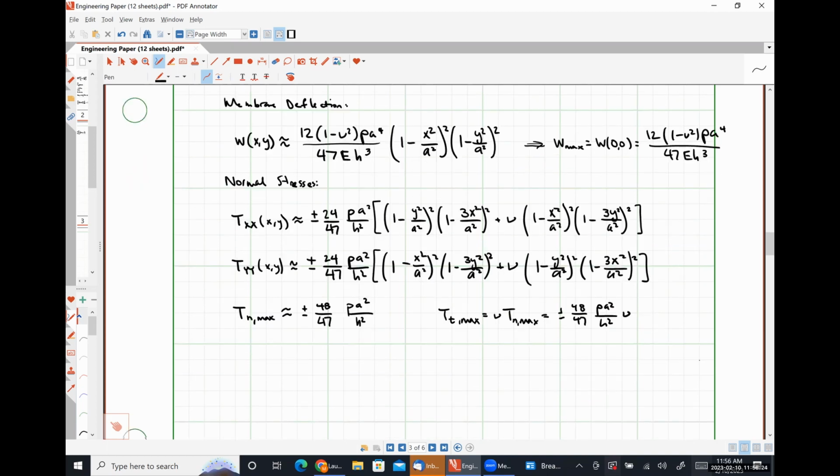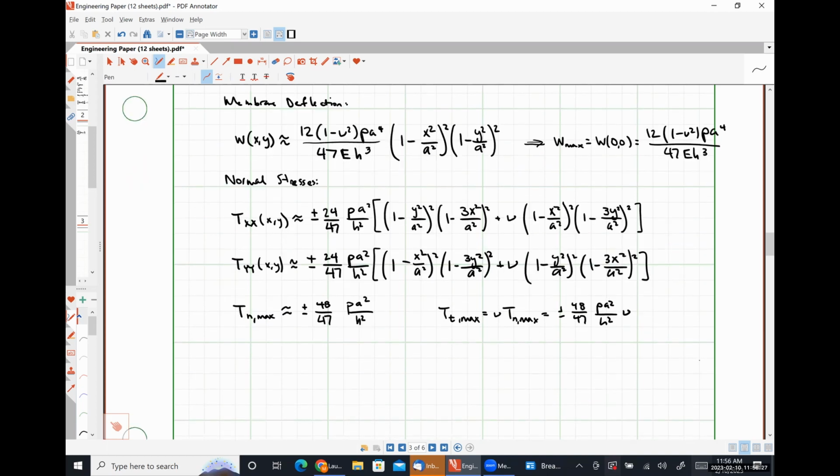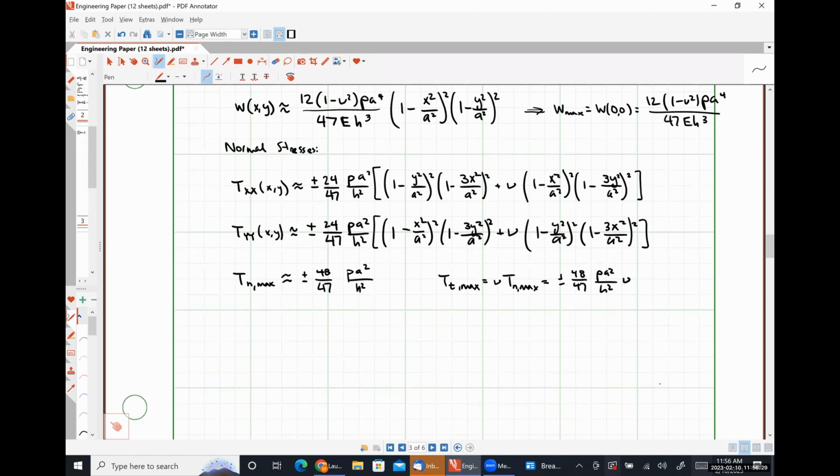At the center of the diaphragm, our normal stress in the x direction and our normal stress in the y direction will be equal to each other.